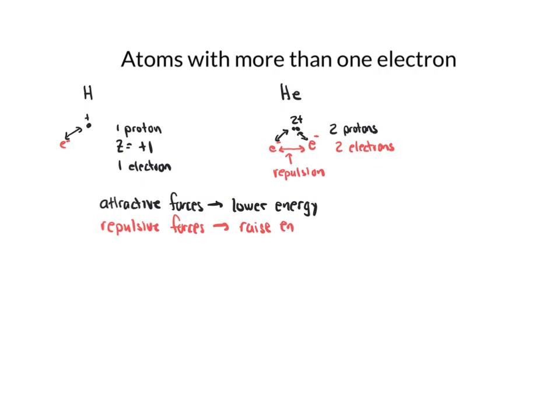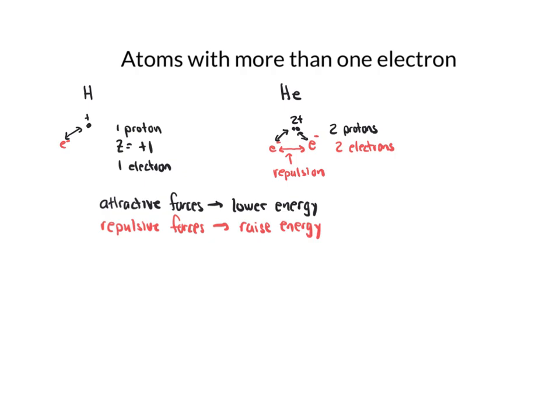So we have a push-pull thing going on here, where this positive-negative attraction for each of the electrons lowers the energy of the helium atom relative to the hydrogen atom. But then this electron-electron repulsion is going to raise the energy a little bit more than what you would expect if you didn't take into account the repulsion and only took into account the attractions.